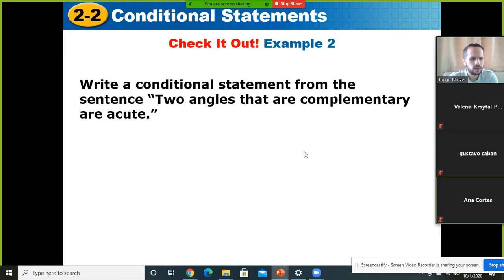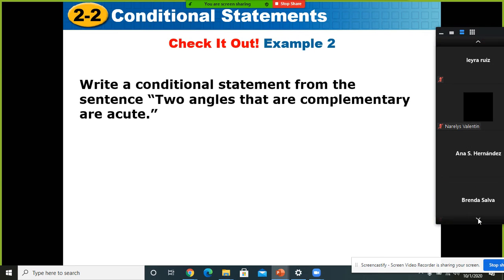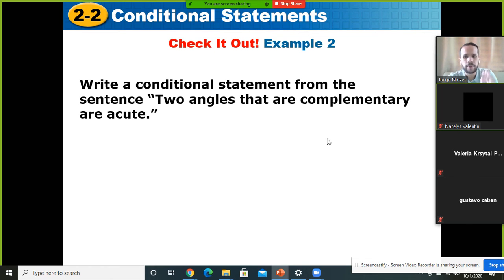What is an acute angle? ¿Alguien se acuerda? An acute angle is an angle that has a measure of... ¿Cómo era la medida de un ángulo agudo? Exacto, thank you.